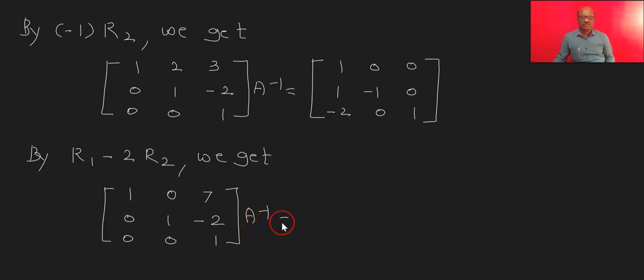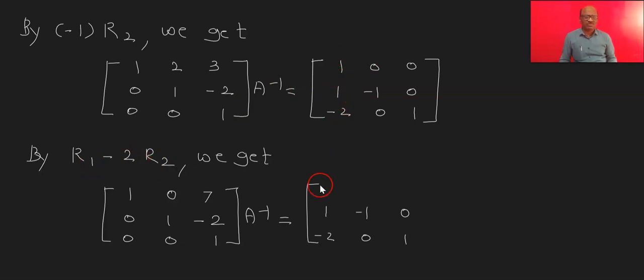Into A inverse, and here is R1 minus 2 times R2: 1 minus 1, 0, minus 2, 0, 1. R1 means what? 1, 2 times R2 means what?